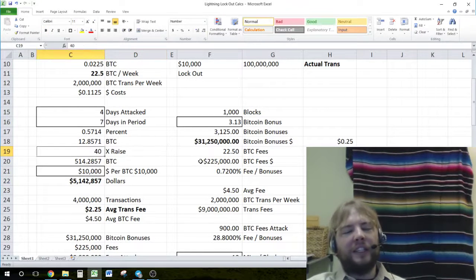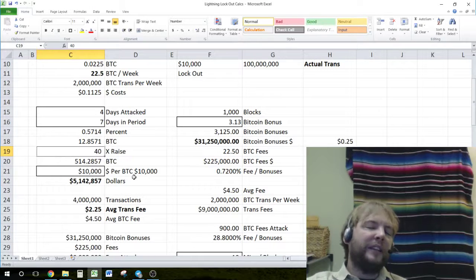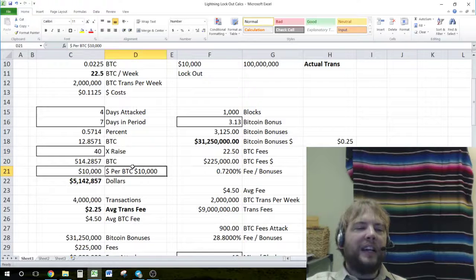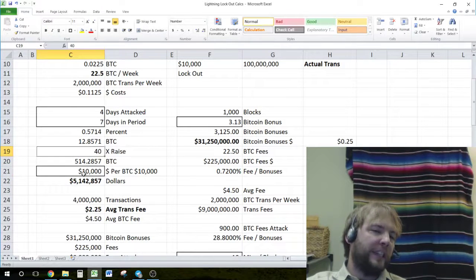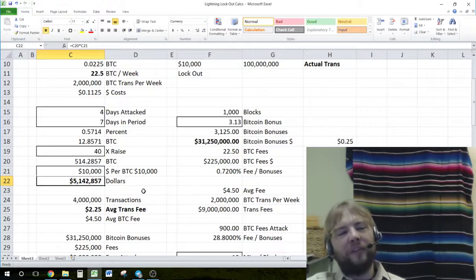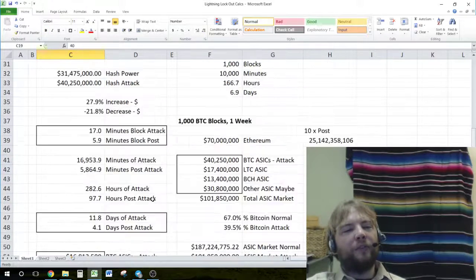So a $50 million attack, if Bitcoin is at $50,000, that attack creates a 40x increase. Now, to create a 40x increase at $10,000, it only costs $5 million. But okay, so a 40x increase.